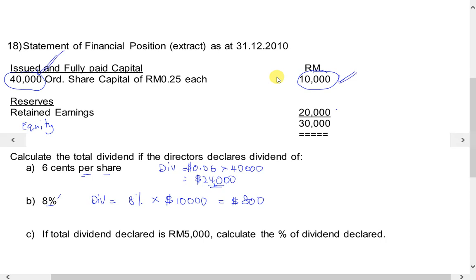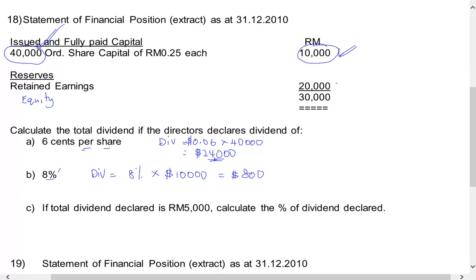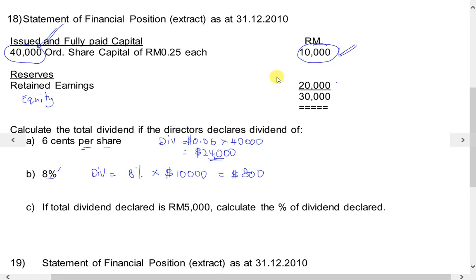C: if the total dividend declared is 5,000, calculate the percentage. So the shareholder invested 10,000 and we declare to them a dividend of 5,000. So in percentage terms, they invest 10 and we declare 5, so the dividend is 50%.